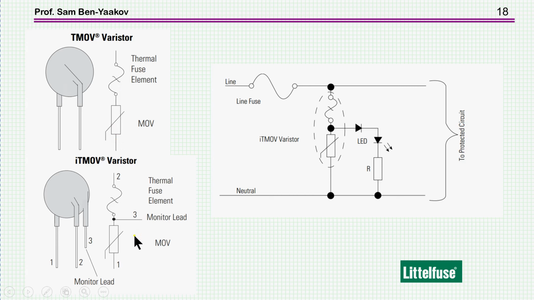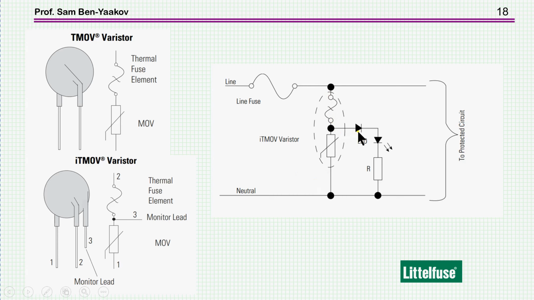Now, another element that they are offering is one which has an extra terminal here, which is from this point, and this point will be high voltage when the unit is operating. It'll be high voltage if everything is okay, and there's an input voltage, and before, of course, the fuse is opening.